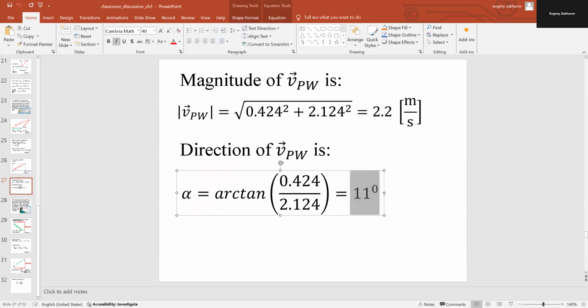gives you 11 degrees. It is time for you to grab your calculators and see for yourself how your calculator should show you the same answer. And if it doesn't show you that, make sure you switch from radians mode to degrees mode. Most common mistake is your calculator is set to radians, and if you want degrees, then you have to switch to degrees.